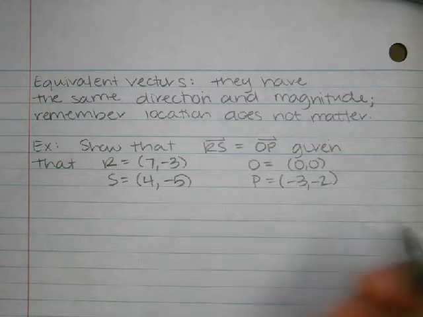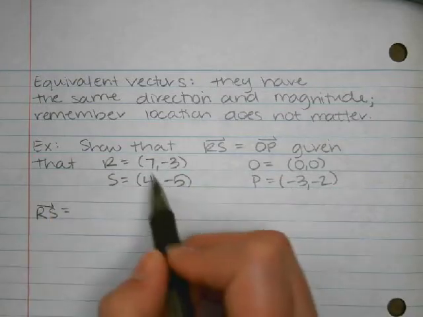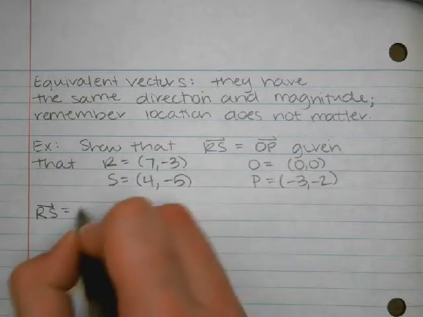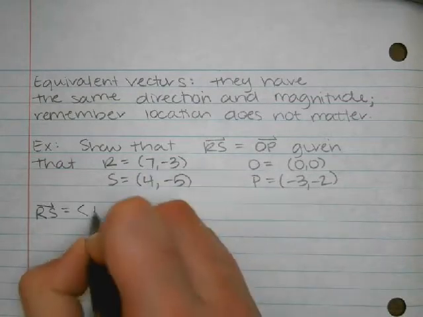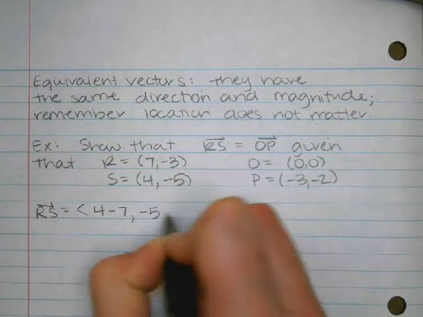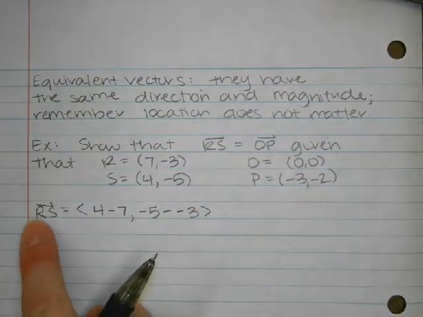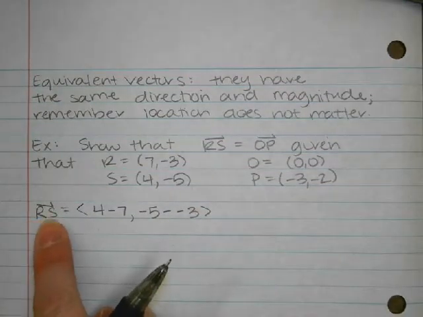So we're going to go ahead and find vector RS. This is the initial point, this is the terminal point. So I'm going to say 4 minus 7, -5 minus -3. Just to clarify, the initial point is always the letter that comes first. The terminal point is always the one that comes second.